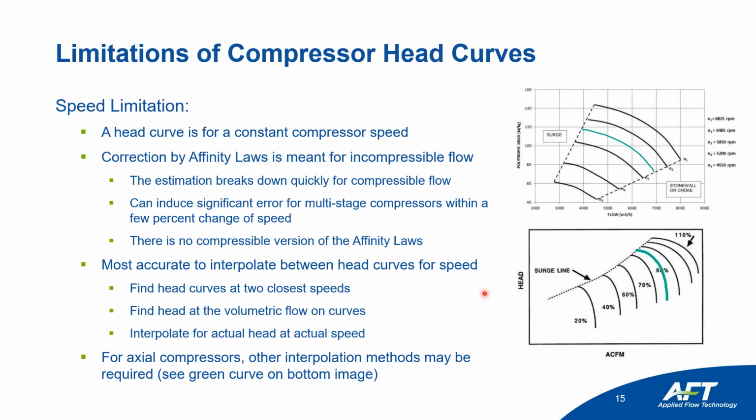However, for axial compressors, you should keep in mind that other interpolation methods may be required because you can get these very vertical curves where interpolating based on flow may not even be an option for you.